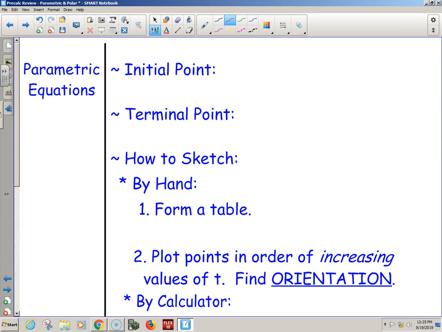And usually the starting point, usually, is for t equal to 0. Now, t equal to 2 or t equal to something else could be the starting point.